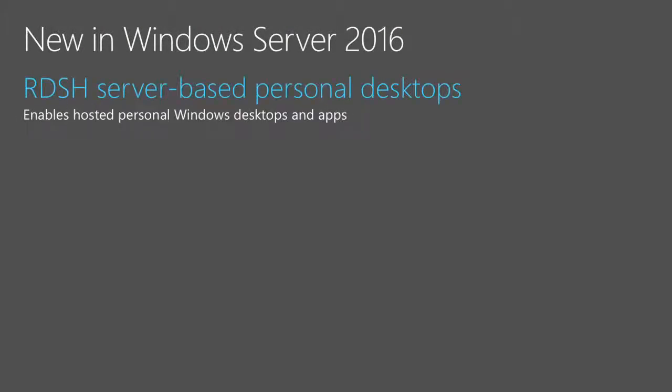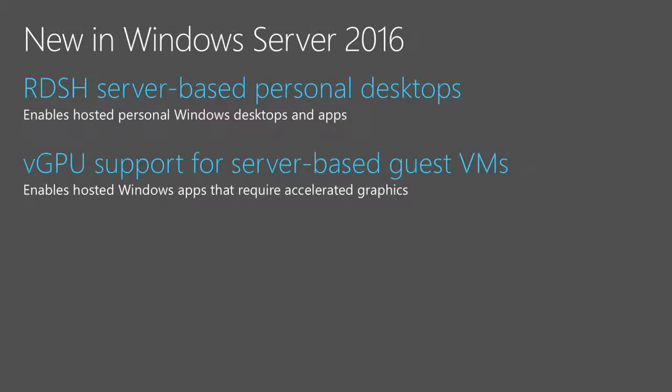Okay, so some other features that couple with this: we have these session-based, server-based personal desktops that I talked about. We're also supporting our virtual GPU technology with a server guest. So now if you're building on-prem and you own the premises equipment, the fabric, you can install graphics cards into your host servers, build personal desktops, and actually run accelerated graphics programs on them.